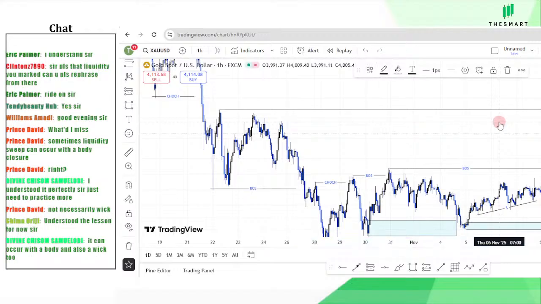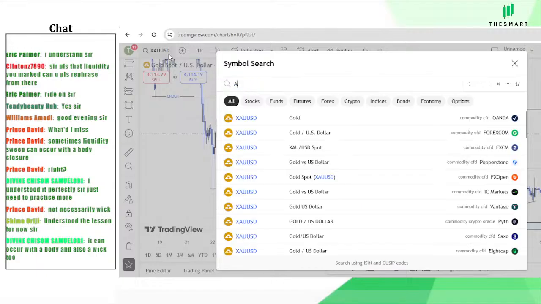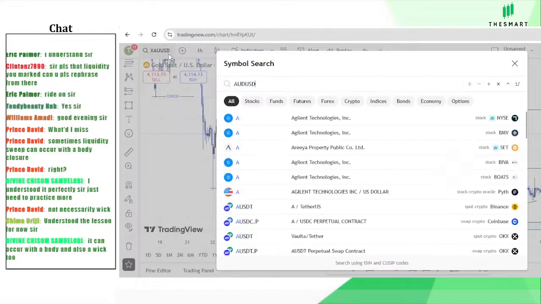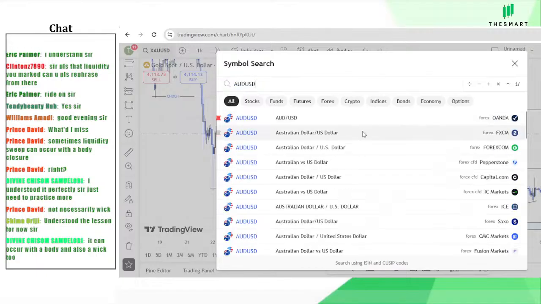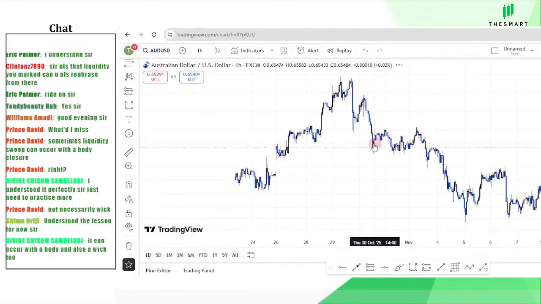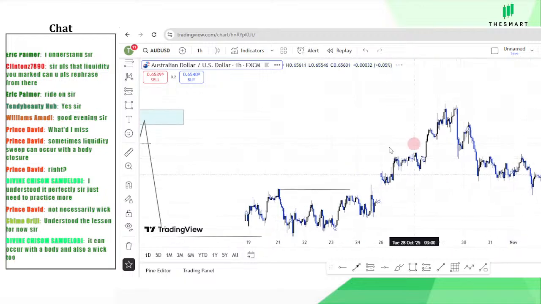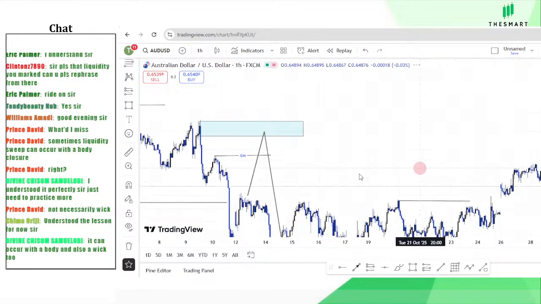Now, I was studying this afternoon and I noticed something. There was a trade we actually used for one of our examples during one of the classes. That was AUD. I think that was even a live session.